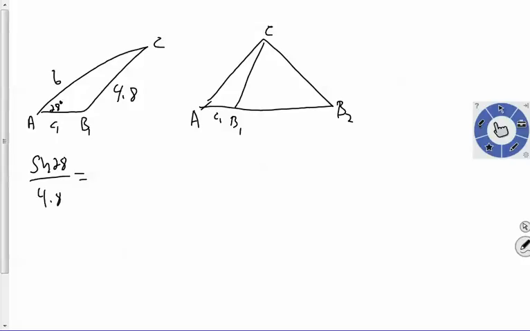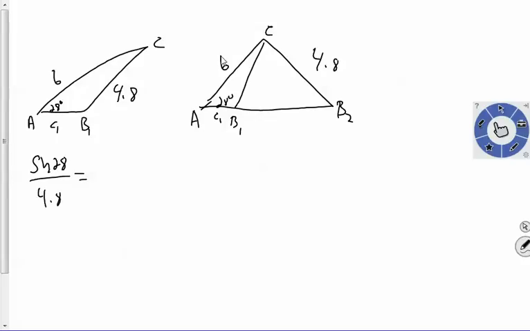I'm trying to figure out what I was doing here. All right, let's go with the big one here. This is 6. You know that that's 6 right there. And so that's 20, and this is 28 degrees. And then this is 4.8. So that's how you're setting that one up.